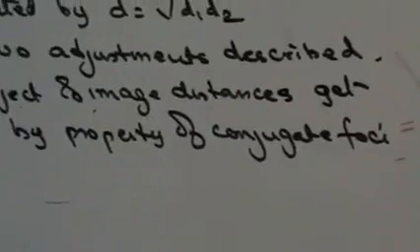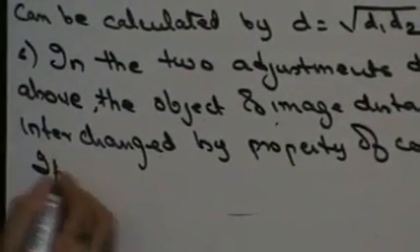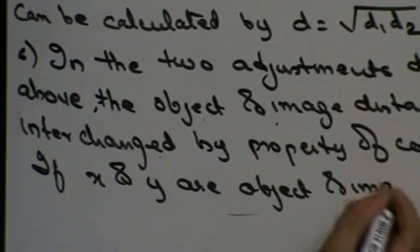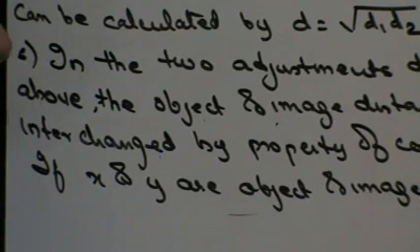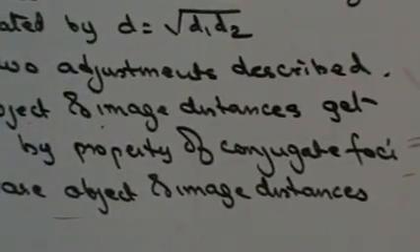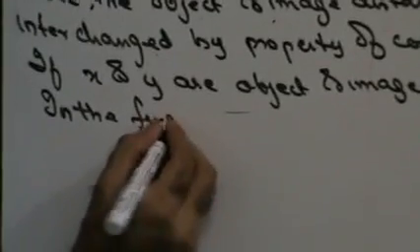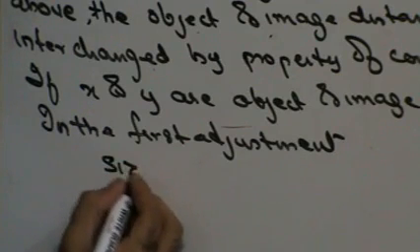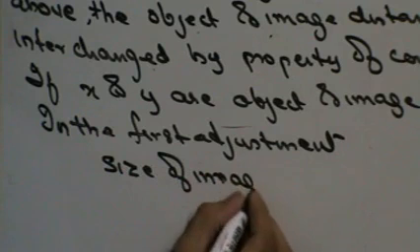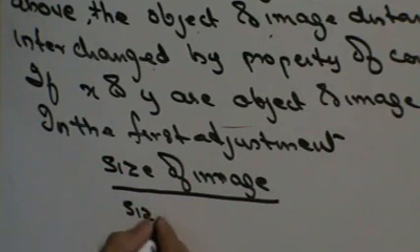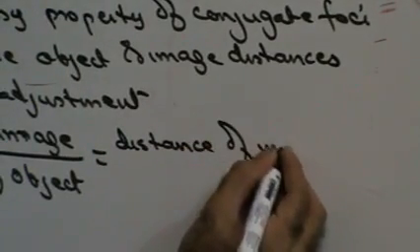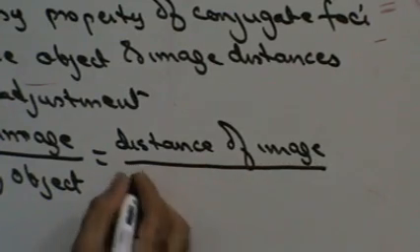That means if x and y are the object and image distances, then in the first adjustment, I can say that size of the image upon size of object is equal to distance of the image upon distance of the object.